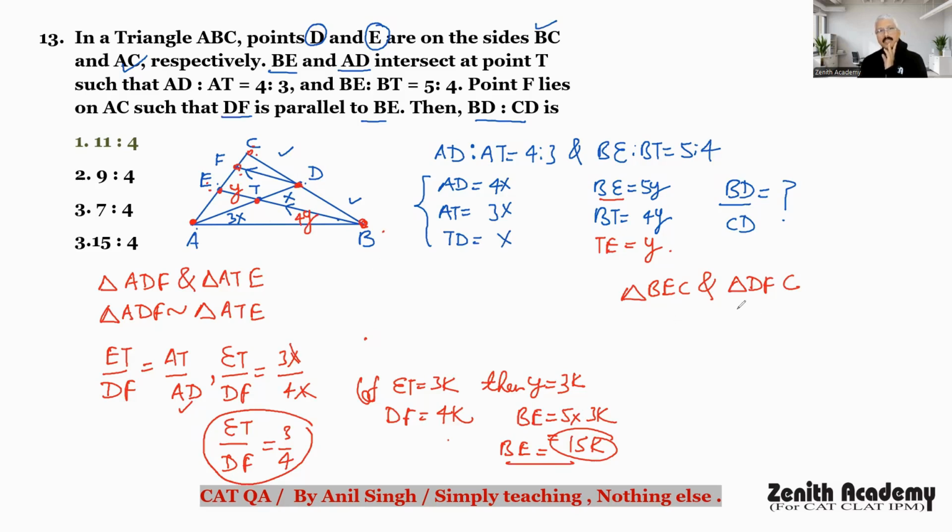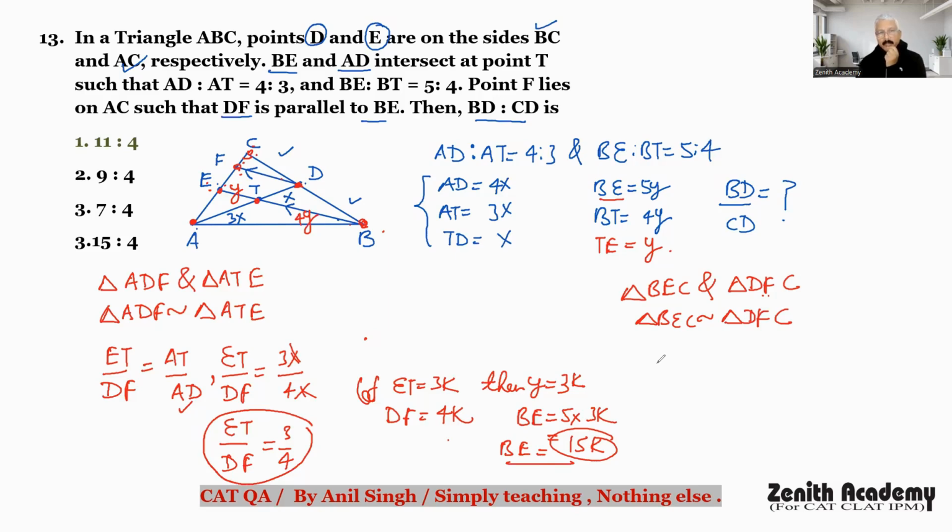So these two triangles are going to be similar to each other because angle C is common in both triangles. Because this line is parallel to this, this angle will be equal to this and this angle will be equal to this. So triangle BEC is similar to triangle DFC.